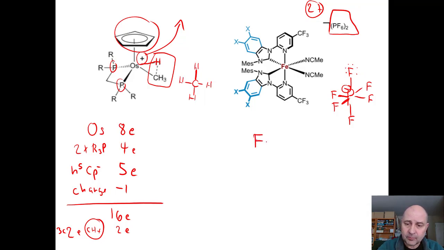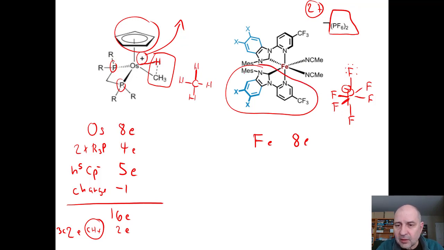Iron, of course, is 8. And then we look at each of these ligands here. We have 2 of these chelating ligands. This end here is an amine, so that's 2 electrons for the amine contact, so NR3 amine contact.